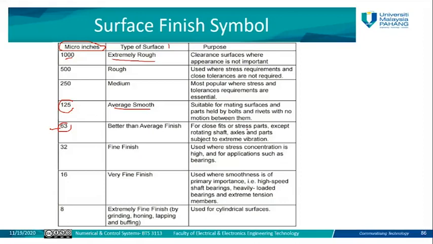I think this chapter gives you an idea of how engineers can include all the details about their design part or design object in order to be readable and understandable by the people who will produce it. Because the engineer who makes these engineering drawings or blueprints is not the same as the people who will produce the product.